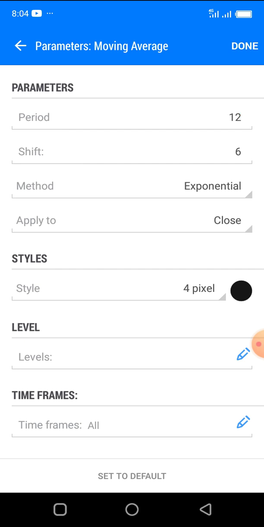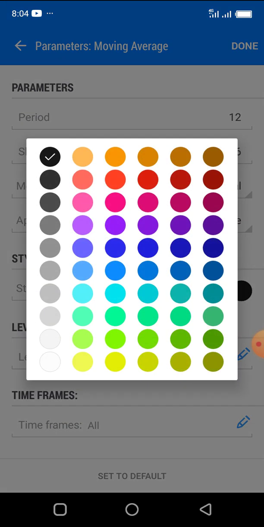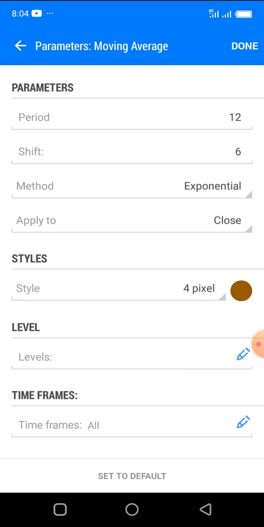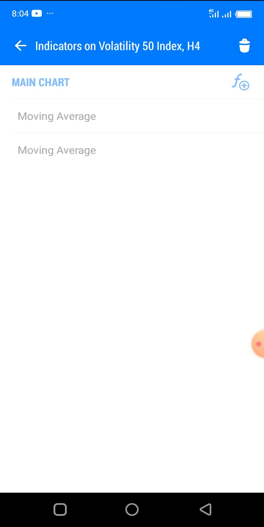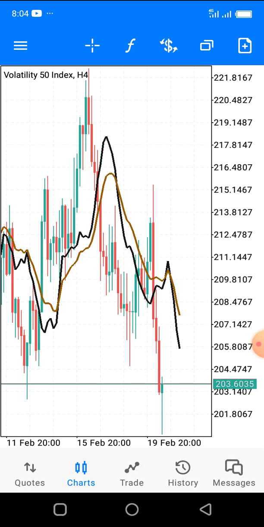I've used black for the 5 period exponential moving average, remember. So I will click on brown. I think I'll prefer brown. Still leave my pixel as 4 pixels, as you can see clearly on your screen. Now I'll click on done. So you can see my 2 exponential moving averages are on my chart already.